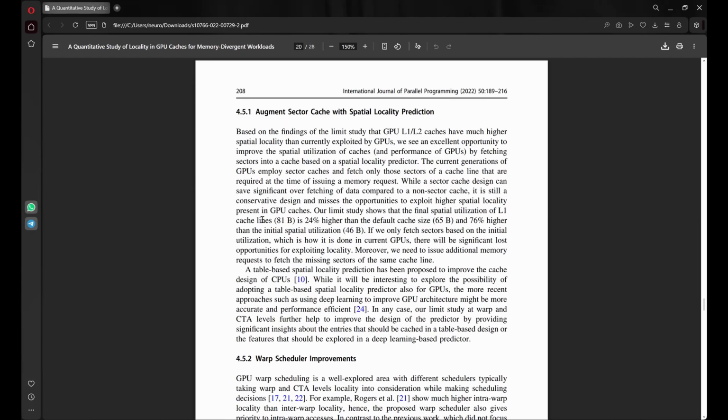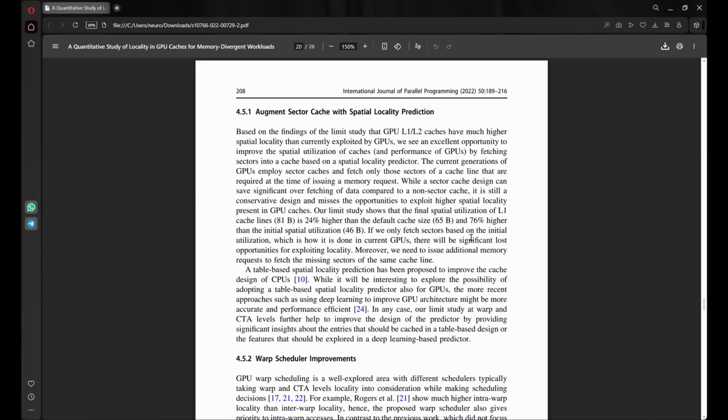So that's what this 24% difference shows. That oftentimes, because of overfetching or because of non-optimal cache line fetching, you see a lot less spatial utilization than you potentially could.